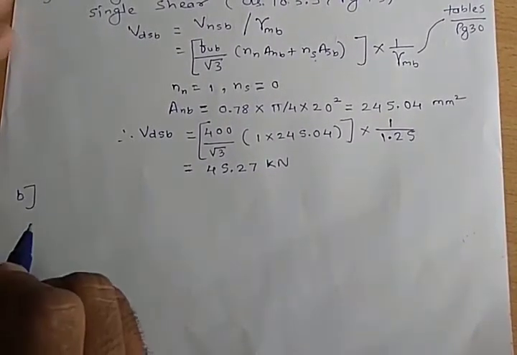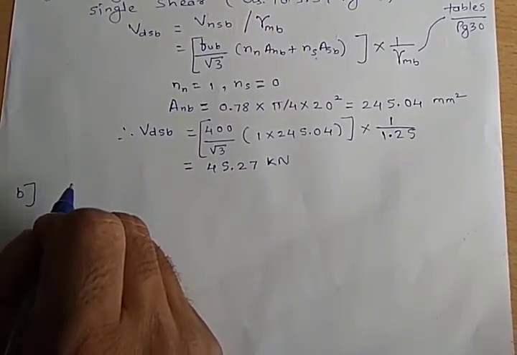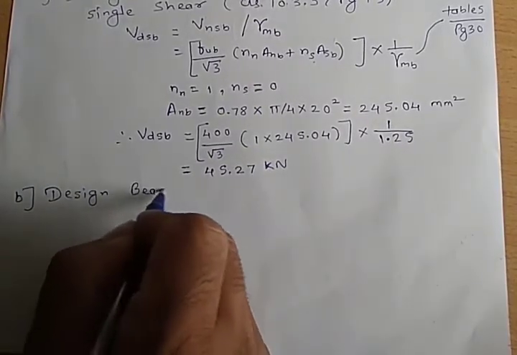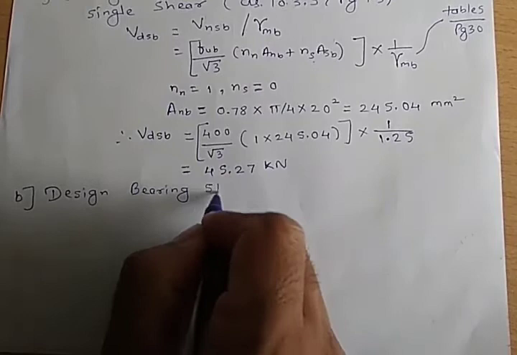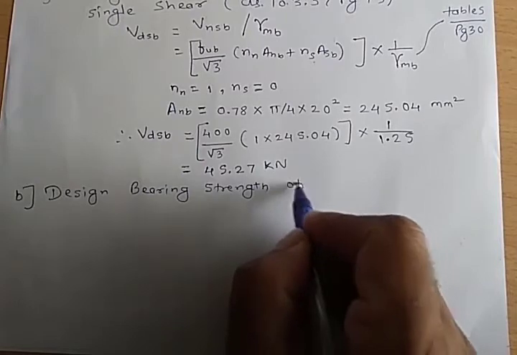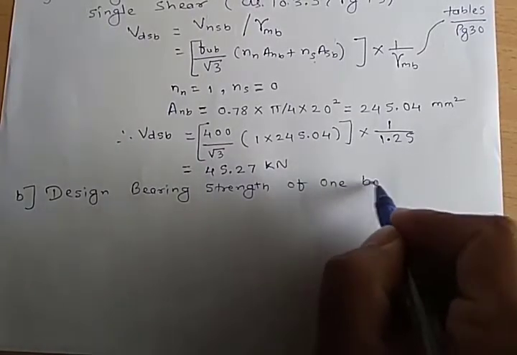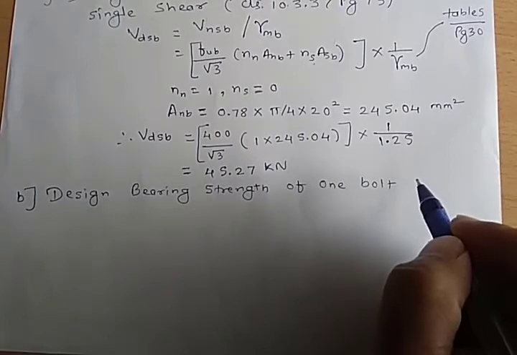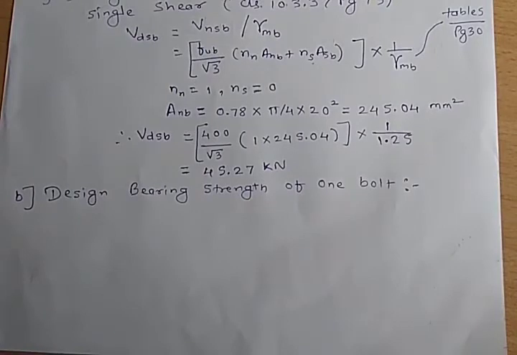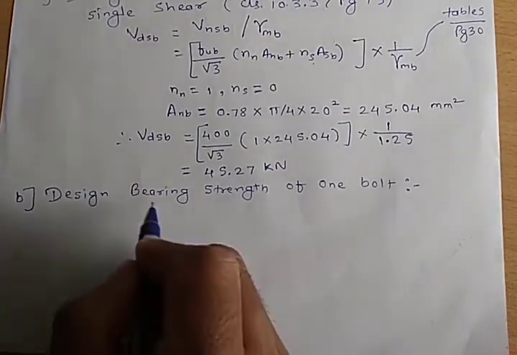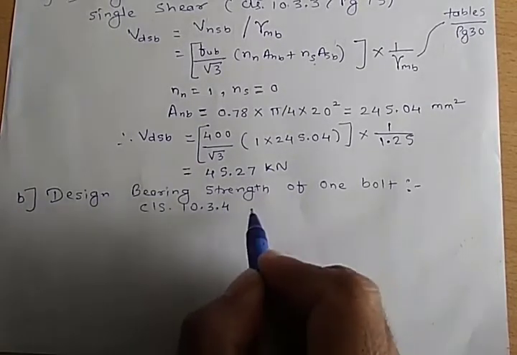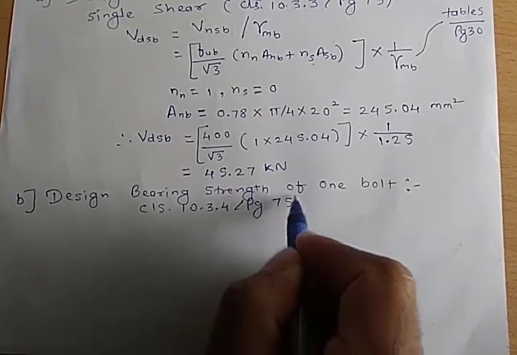The next part would be the design bearing strength of one bolt. Again, that is from clause number 10.3.4, page number 75.